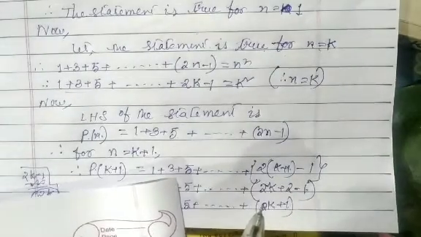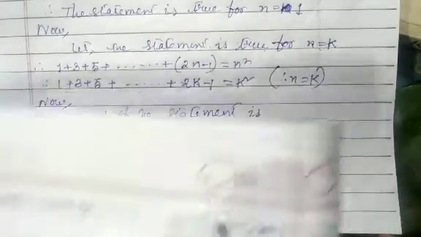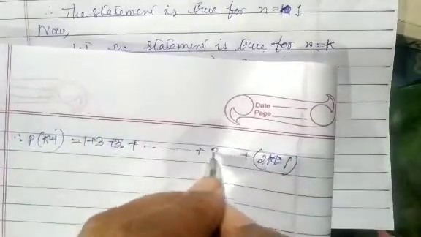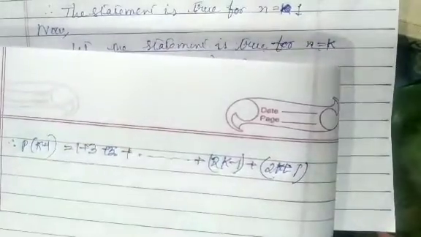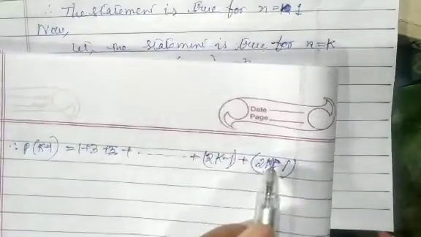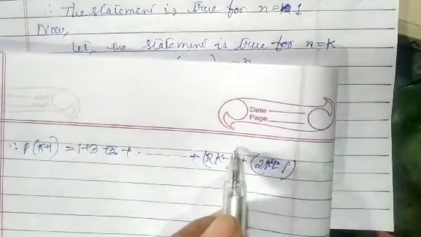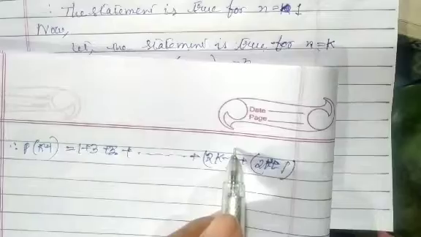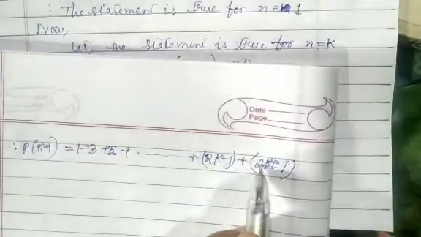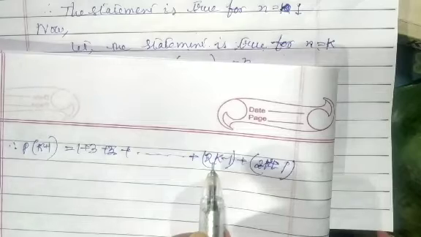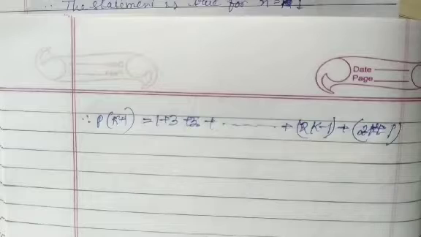So before this term, the term will be twice k minus 1. Because before this term is 2k, but 2k is an even number, so we have to consider the odd number, because here all numbers are odd. So before this term the odd number is twice k minus 1.